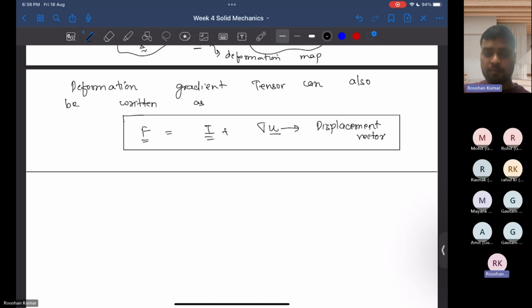Okay, so let's begin the problem session. First of all I will solve problem number 1. This problem is based on the Mohr circle concept.